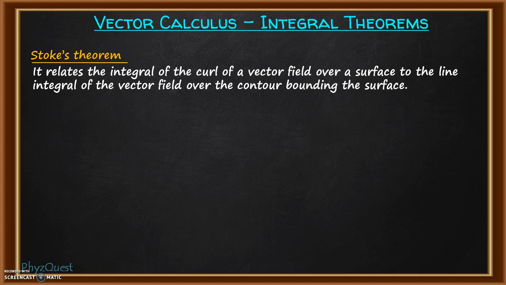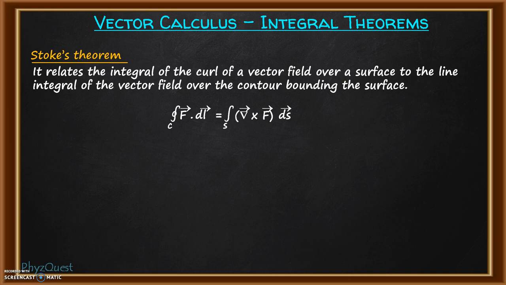Again, if you write it down mathematically, suppose we have a vector field F. It will be the integration over the closed curve C of F dot dl, which is the line integral of F, equal to the integration over the surface S of curl of F dS. So this is the surface integral over S. Here again it is transforming the line integral to a surface integral, which is very similar to Green's theorem.